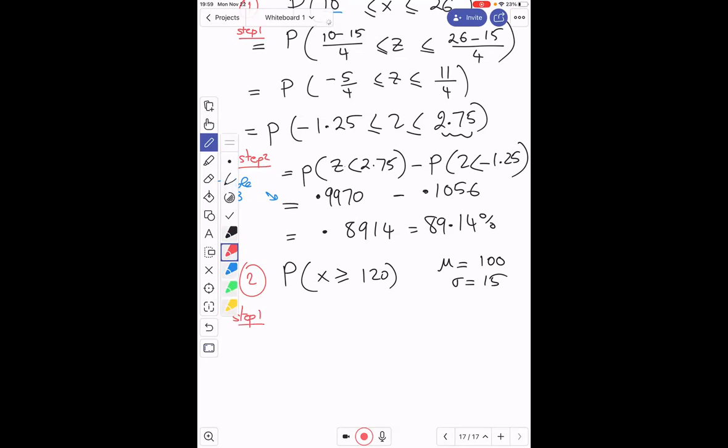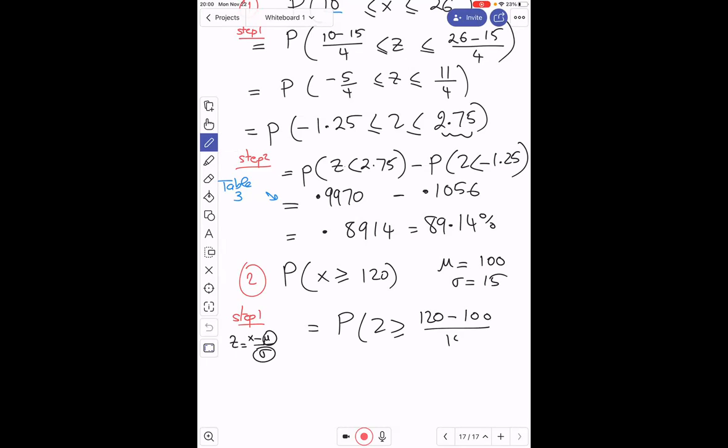So again, z is x minus mu over sigma. So we have 120 minus mu, which is 100, over 15.